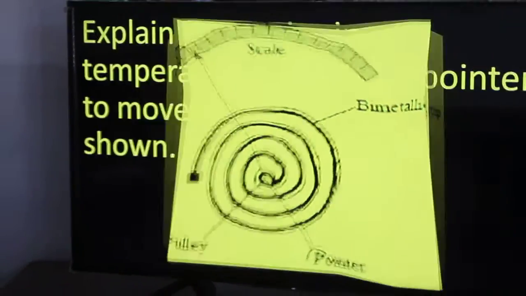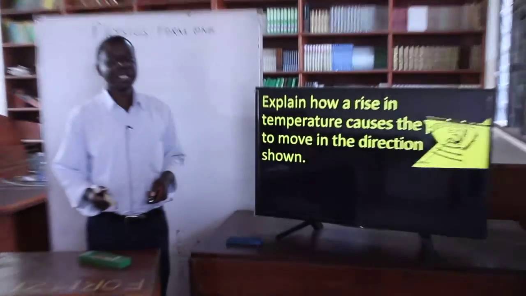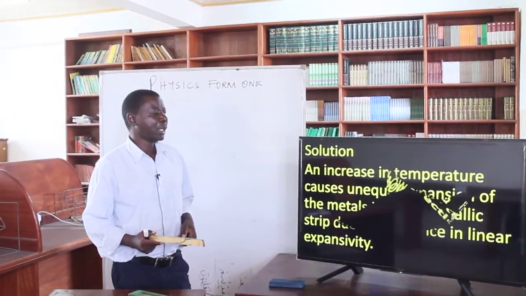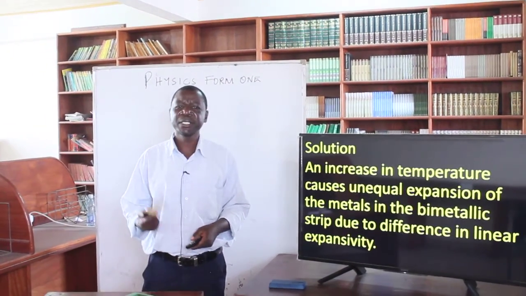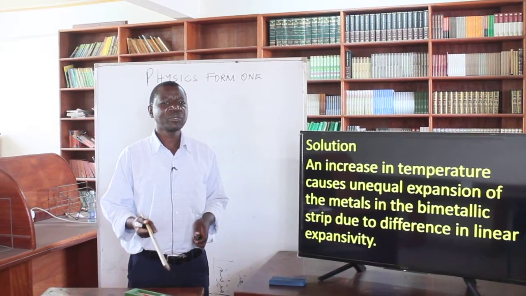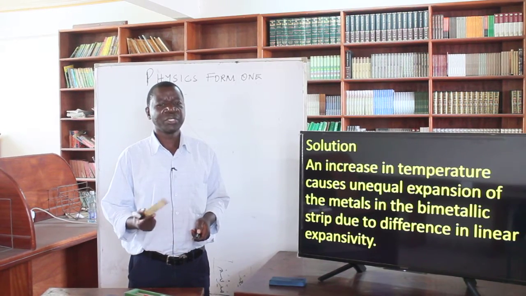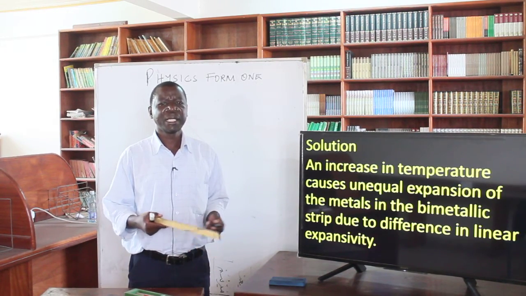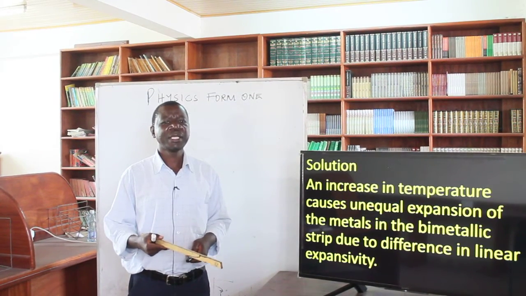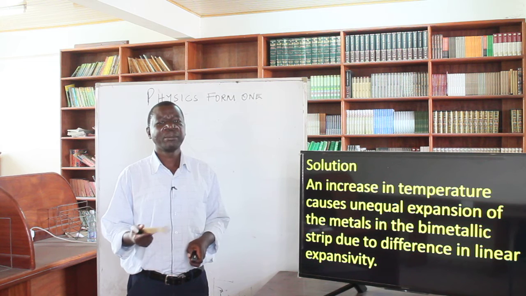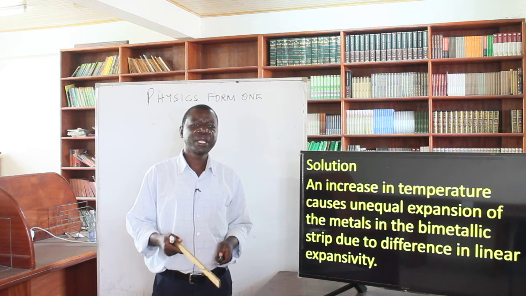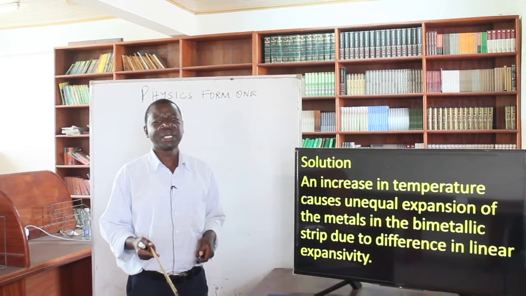So how do we explain it? The explanation is like this. An increase in temperature causes an unequal expansion of the metals in the bimetallic strip due to difference in linear expansivity.